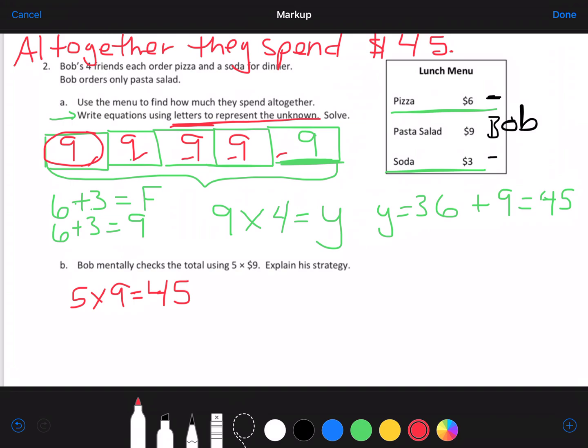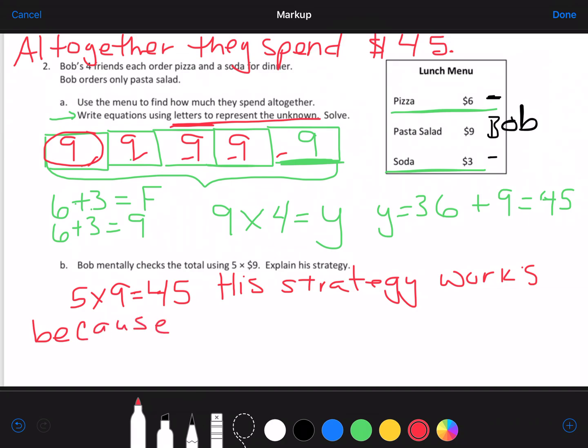So Bob mentally checks the total using 5 times 9. Explain his strategy. So we would write something like, his strategy works because his dinner was $9. Remember that dollar sign goes in front.